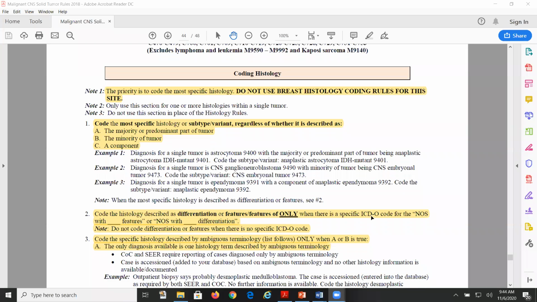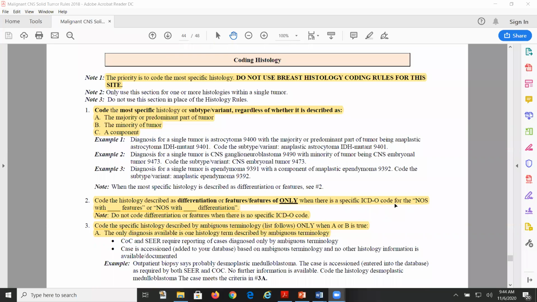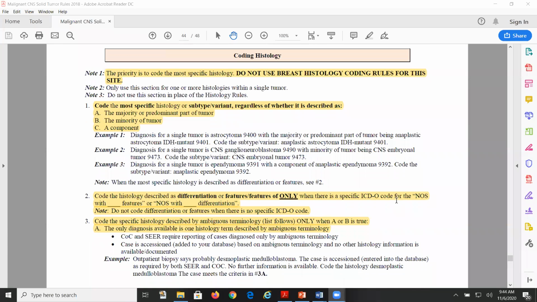Code the specific histology described by ambiguous terms only when A or B is true. A, the only diagnosis available is one histology term described by ambiguous terminology.